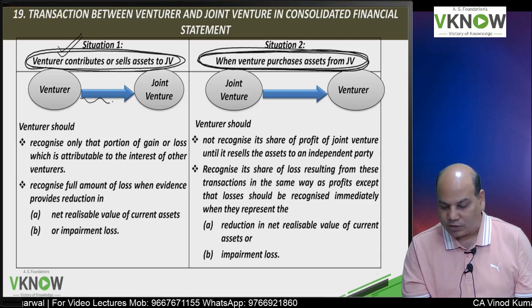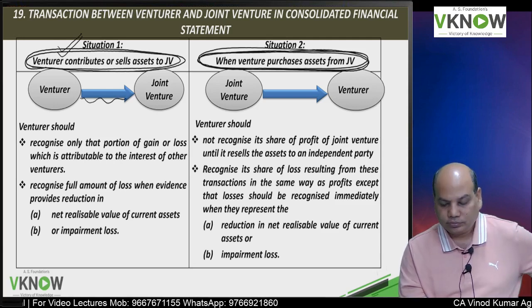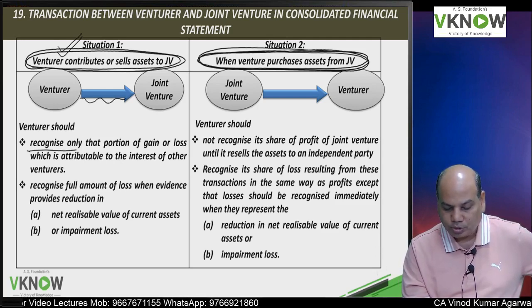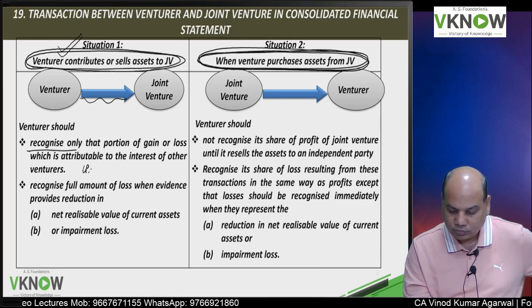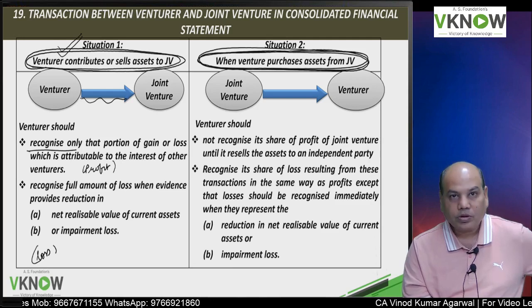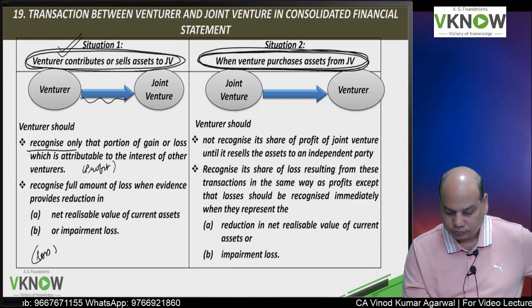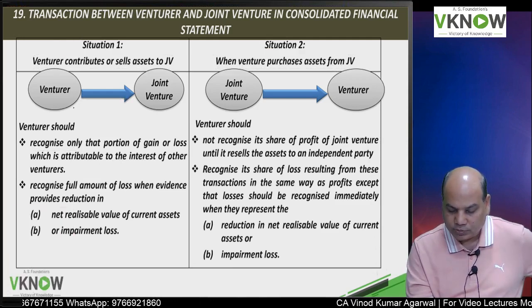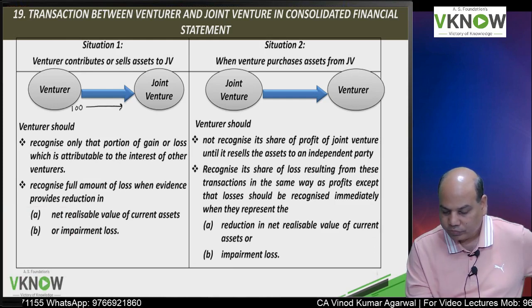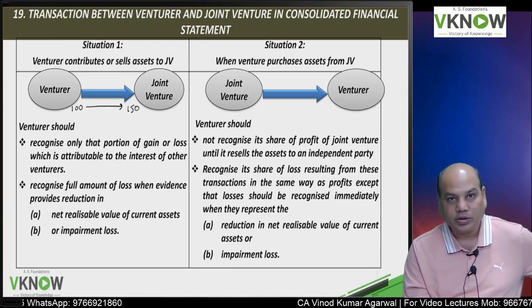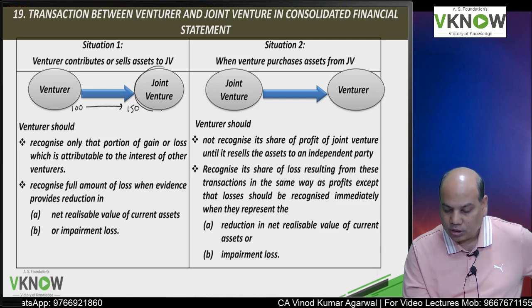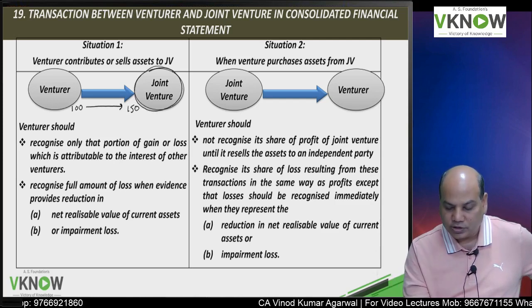If the venturer is selling to the joint venture, there are two possibilities: profit or loss. If there is a profit, suppose cost is 100, sold for 150, but you are one of the venturers in the joint venture.